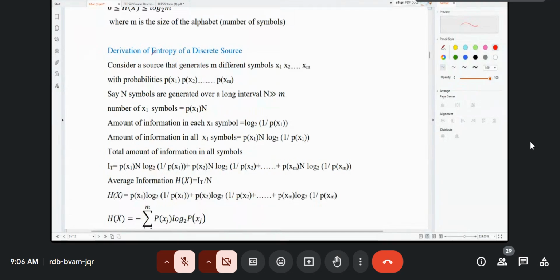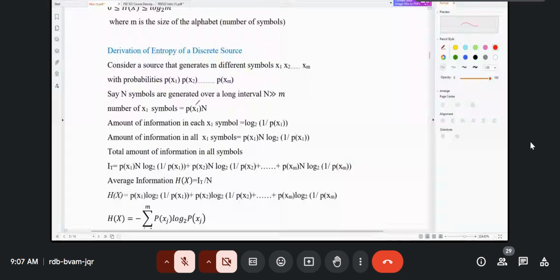And here we are deriving the entropy of a discrete source. Consider a source that generates M different symbols, x1 to xM, with probabilities P(x1) to P(xM).